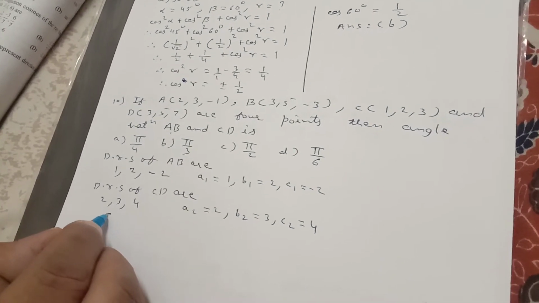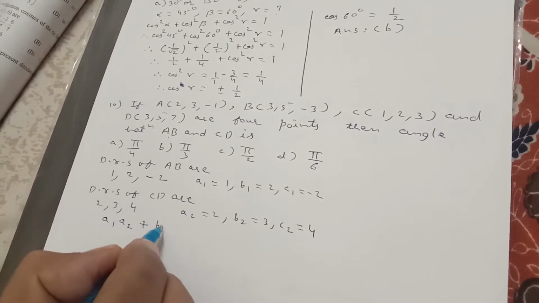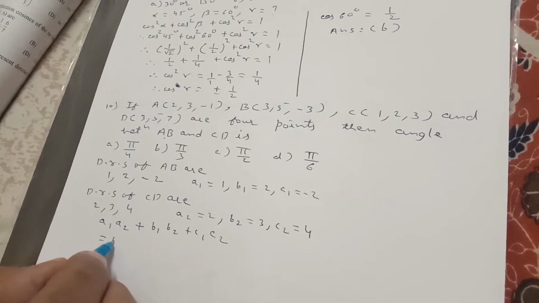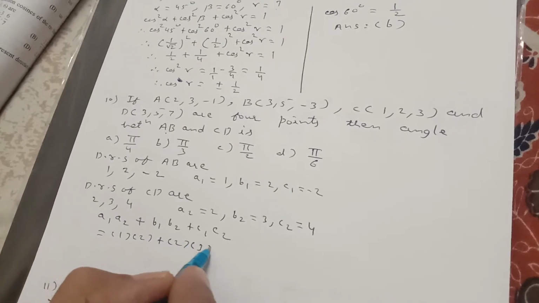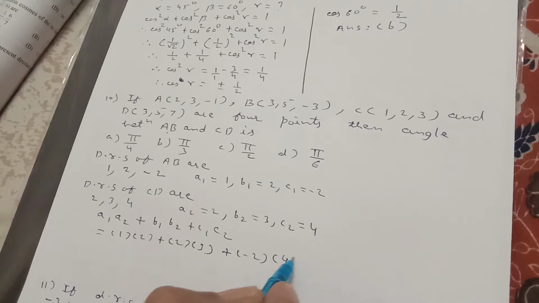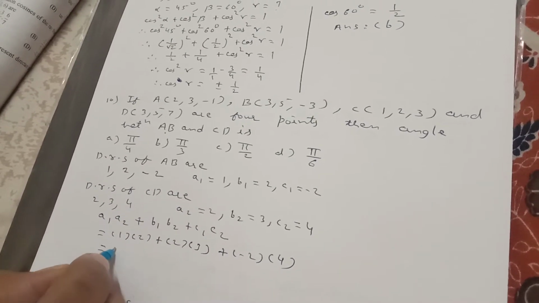If we find the sum of products A1 A2 plus B1 B2 plus C1 C2, 1 into 2 plus 2 into 3 plus minus 2 into 4, 2 plus 6, 8 minus 8, 0.